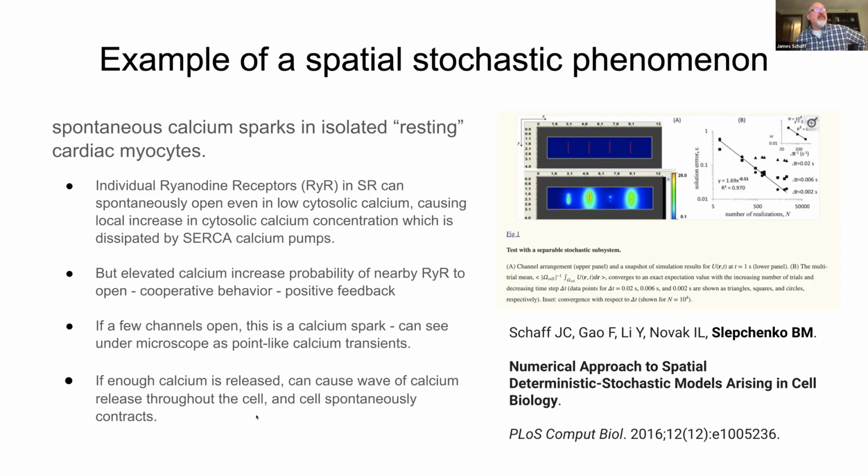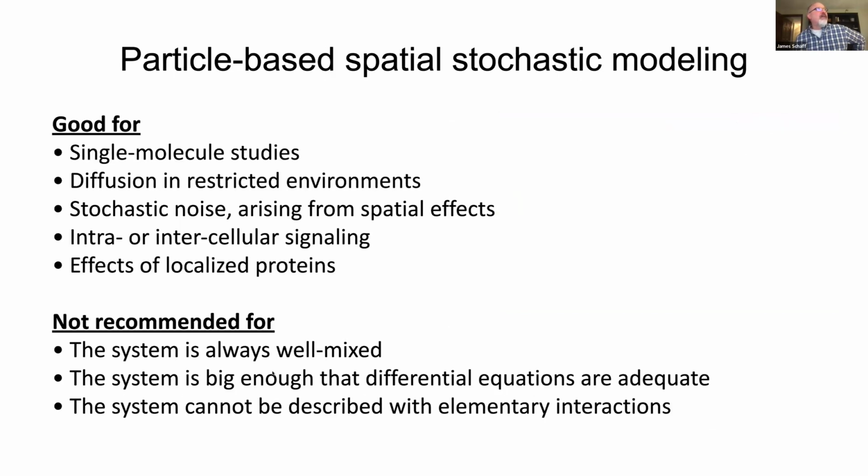Now, this is a little bit artificial because I think this only happens when you take an isolated cardiac myocyte and put it on a glass slide under the microscope. Normally within the heart it's paced, but these are observed behaviors and really quite neat.